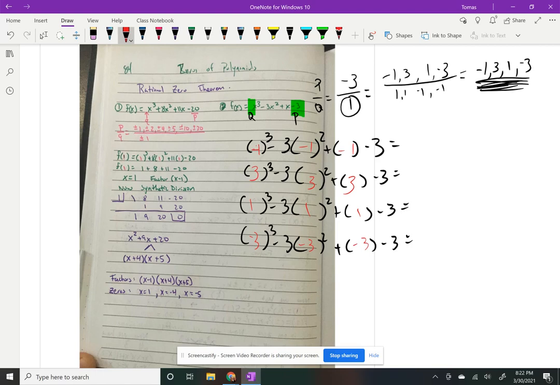Now I know what you guys are thinking. You're probably thinking, sir, why can't we just plug this into our calculator and into our y equals and go from there? Well, you actually can do that, and I highly recommend doing that because that's going to save you time, right? And time is of the essence.